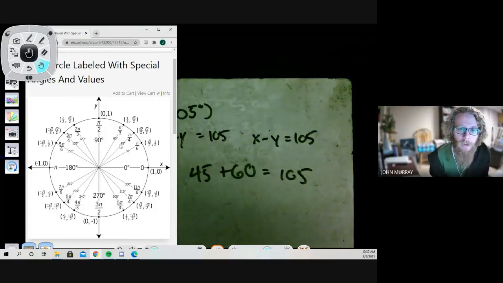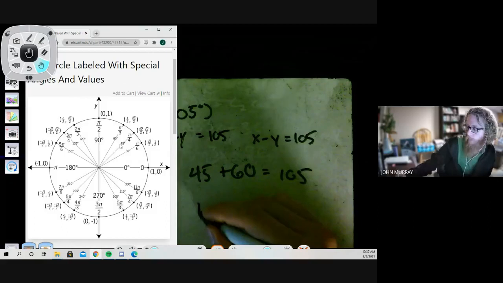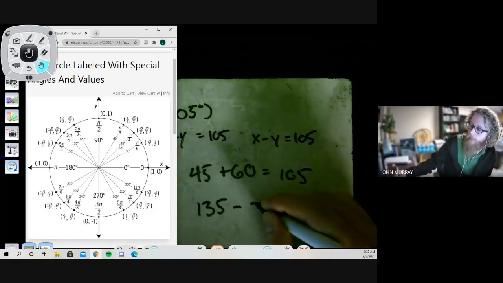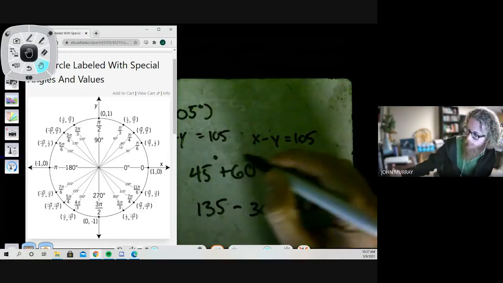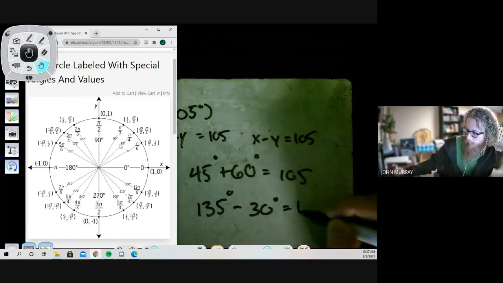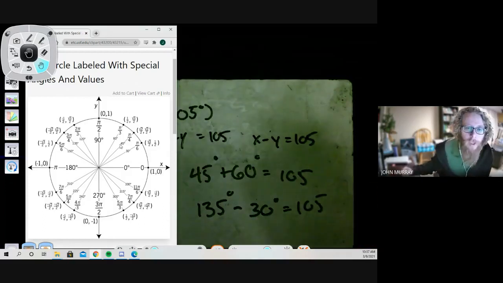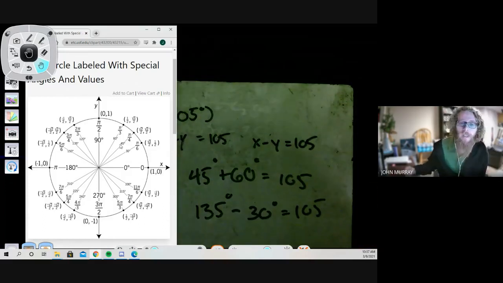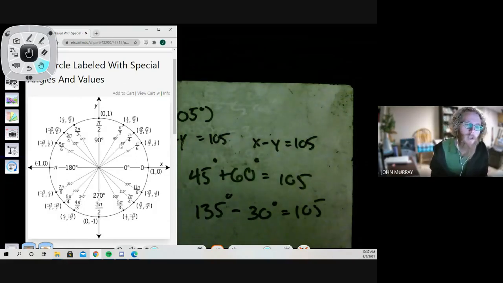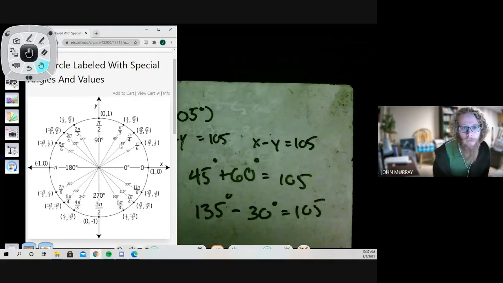Let's see if I do 135 minus 30. That also gives me 105. And then I can even keep going and choosing some of the larger numbers like 210, 225, 240. But we like to keep things nice.